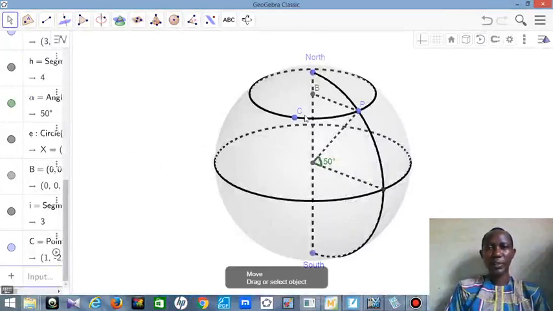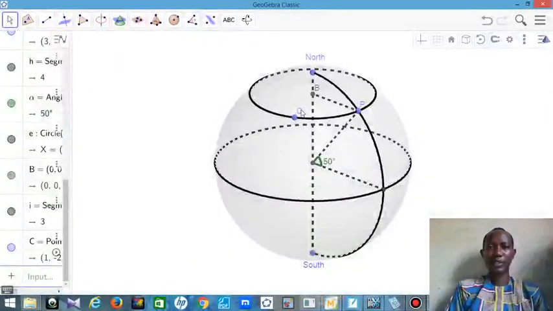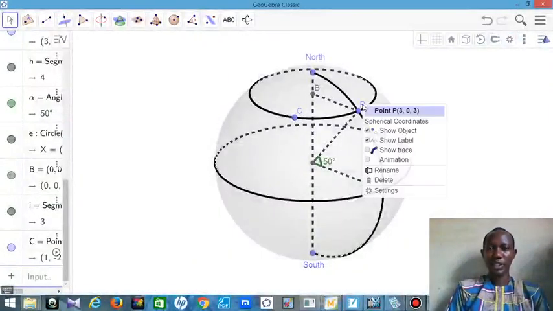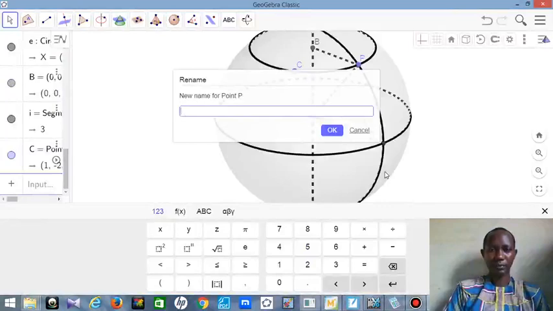P is actually on this place, 50 degrees north, then 60 degrees west. So this place is supposed to be P. Let me change the name of this to point D.